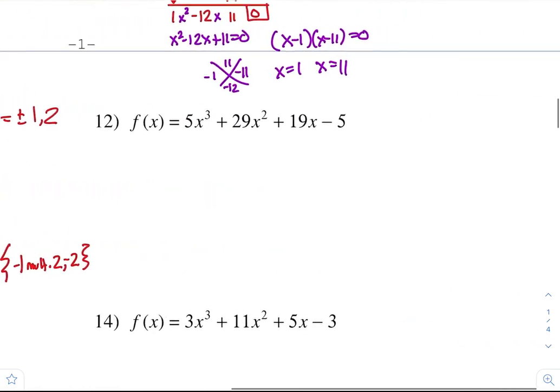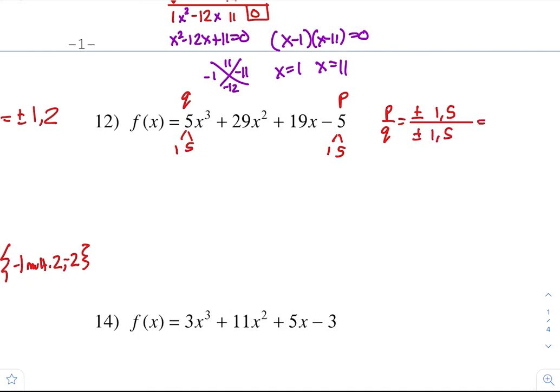Okay, number 12, you guys, last one. This is our P, this is our Q. Factors of P are 1 and 5. Factors of Q, 1 and 5. So our P over Q list, you guys, is plus or minus 1 and 5, plus or minus 1 and 5.